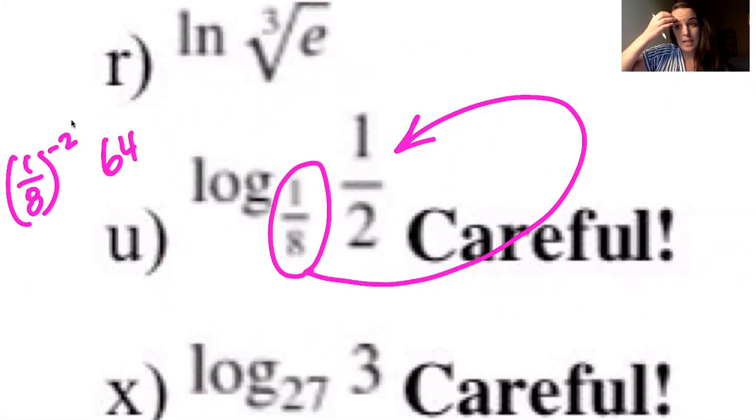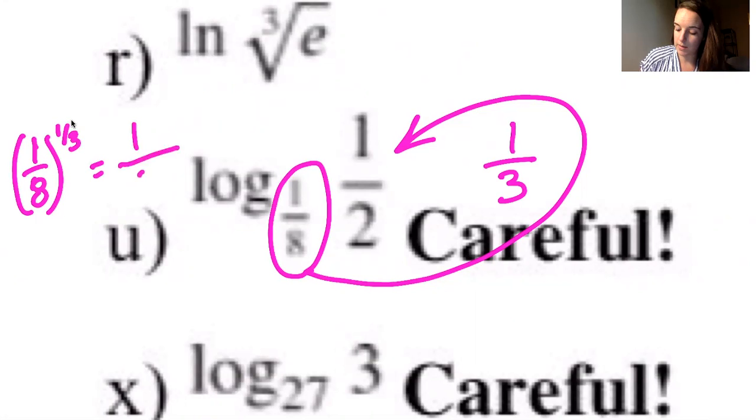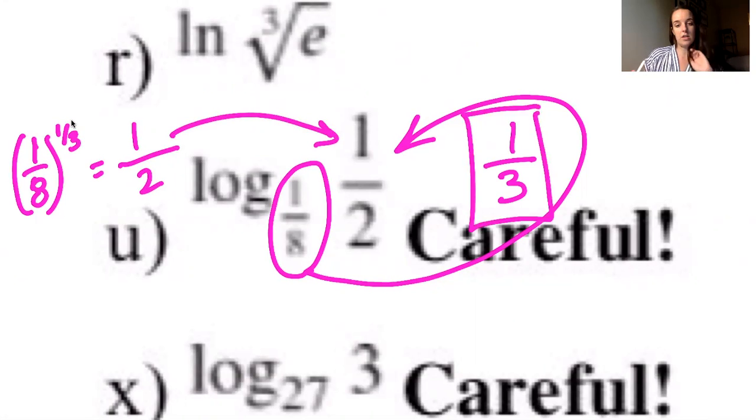So I need something between +2 and -2, something like 0 gives me 1. So I know it's in that fraction range. And I know that 8 is the cube of 2, so 1/8 to the power of 1/3 would give me 1 to the 1/3 over 8 to the 1/3, which is 2. And I see that's 1/2. So I know the answer here is 1/3.